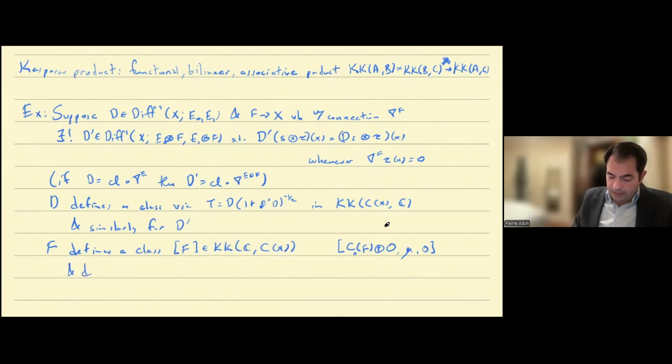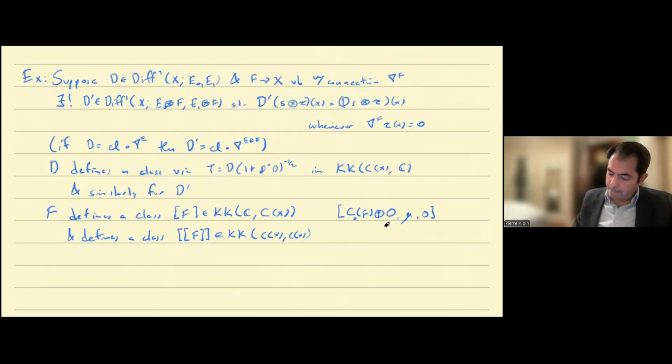But it also defines a class, where I'll use double brackets, when you also allow multiplication by functions on X. So here there would have been multiplication by constants for this class, and for this class it's multiplication by functions.